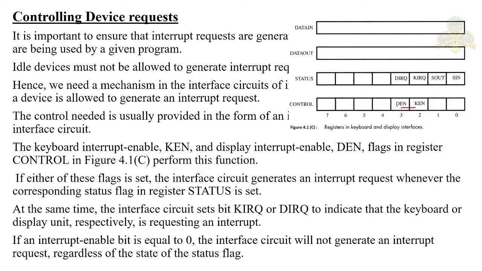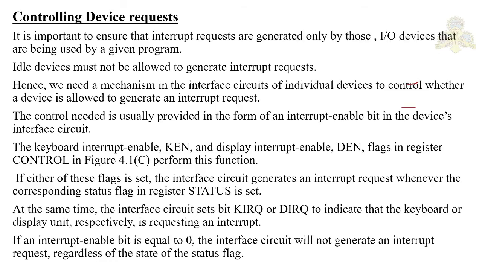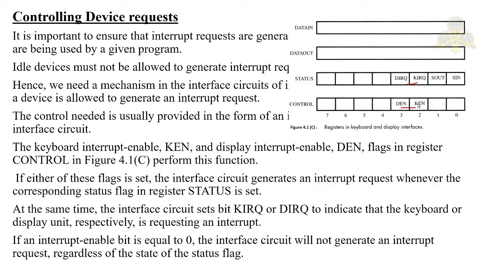Okay. So whenever these flags are set, that is KEN and DEN, the device interface circuit generates an interrupt request whenever the corresponding status flag in the status register is set. That means these two. Suppose the keyboard wants to raise a request, then it has to set both this KEN and the keyboard interrupt bit. So these two should be active, or high.